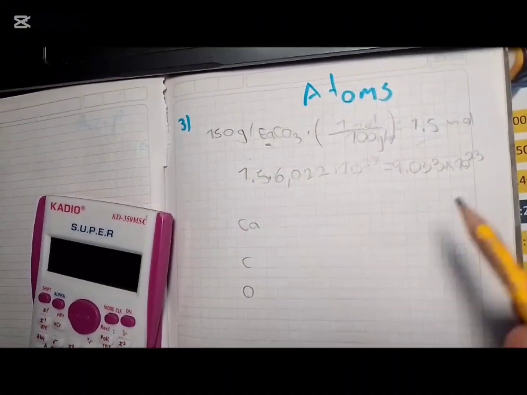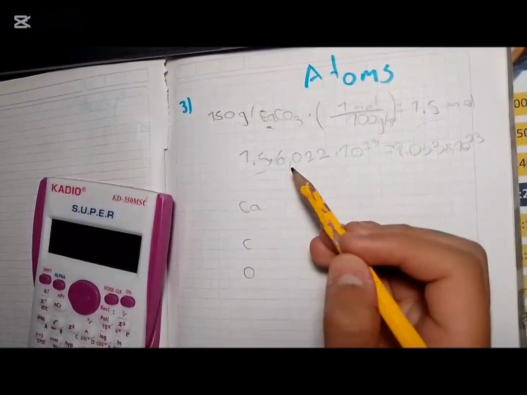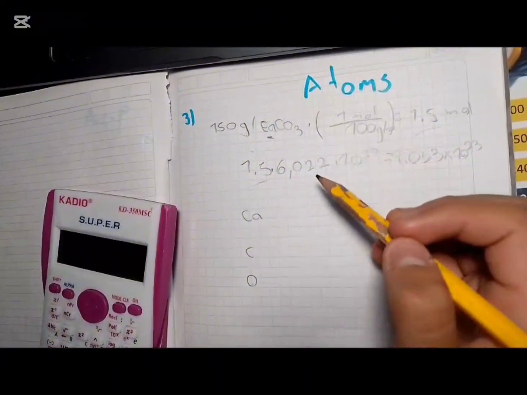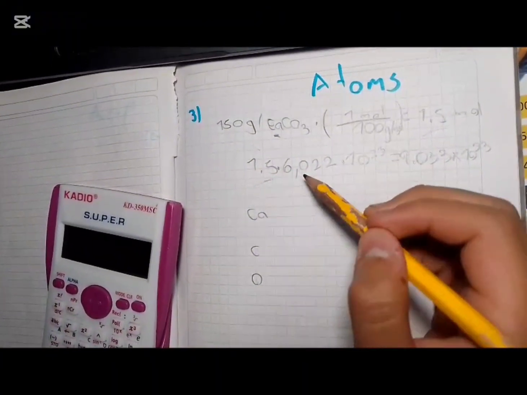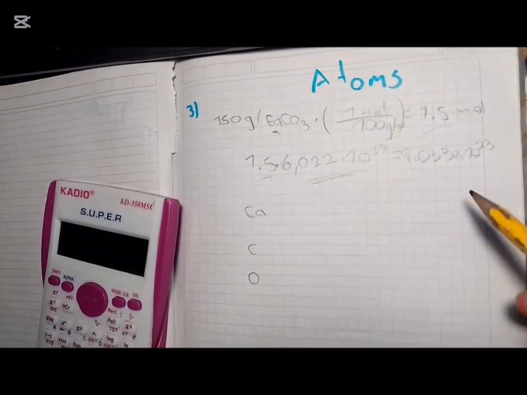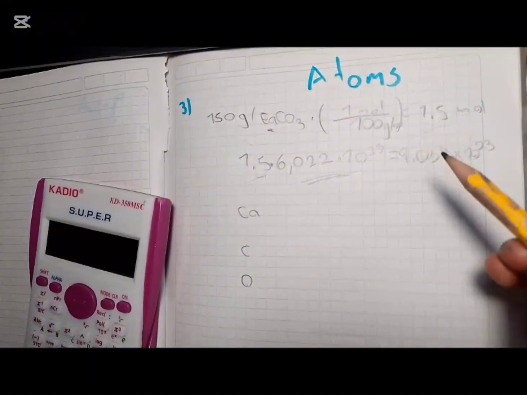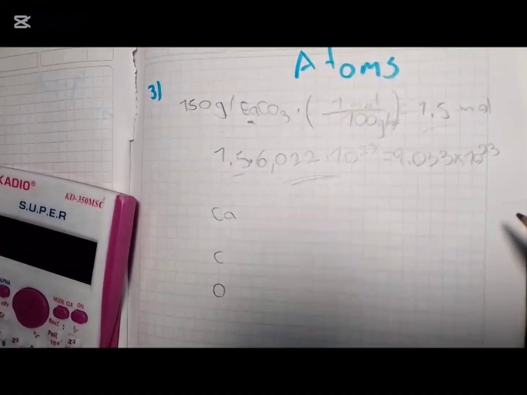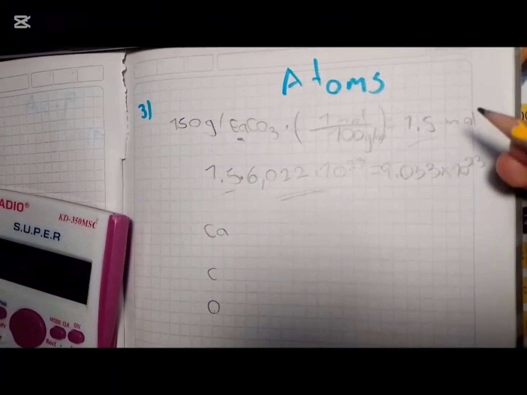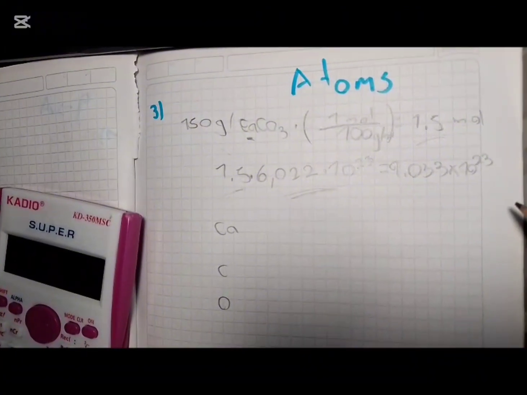With this, I put 1.5 moles of calcium carbonate multiplied by Avogadro's number. And the result is 9.033 multiplied by 10 to the 23.